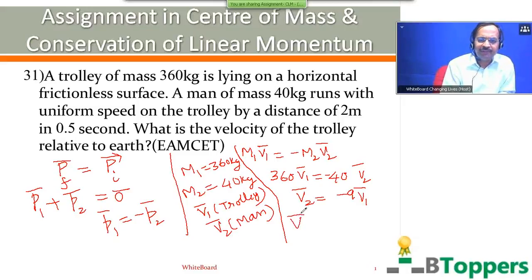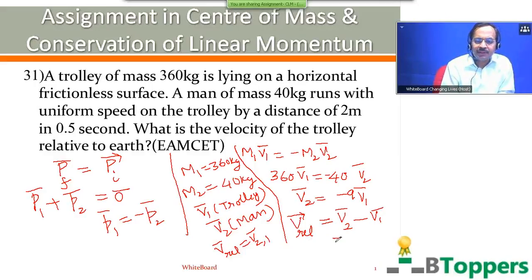So the relative velocity of the man with respect to the trolley is equal to V2 bar minus V1 bar. So V rel bar means relative velocity of the man with respect to the trolley. We can also write V bar subscript 2 comma 1. That is minus 9 V1 bar minus V1 bar.